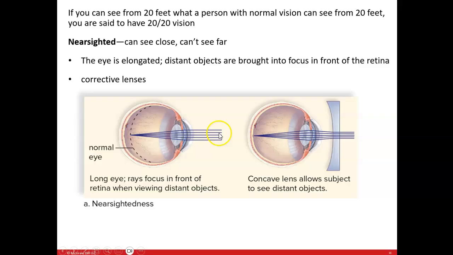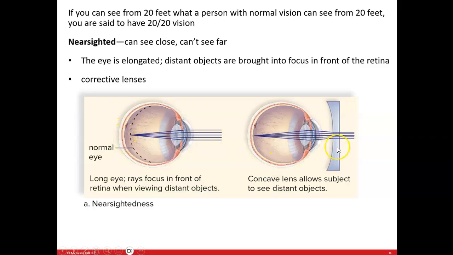And so why that is, here they're showing you light coming through the eye, the lens is focusing the light up to where a normal eye would end. So there's a dotted line there. In a normal eye, that image would be focused right on the retina. But this person's eyeball is a little bit longer. So by the time that light gets all the way here to the fovea, it's kind of blurry again. It blurs it out.